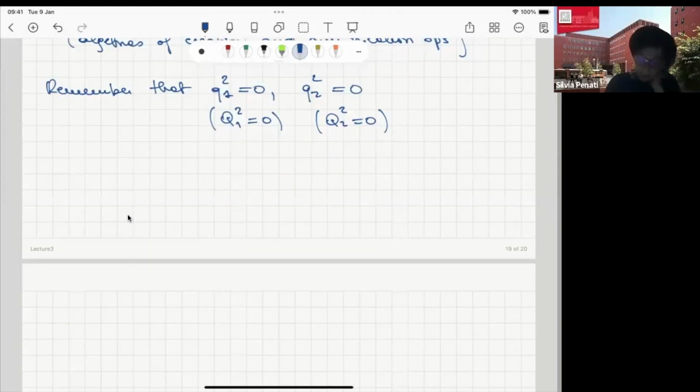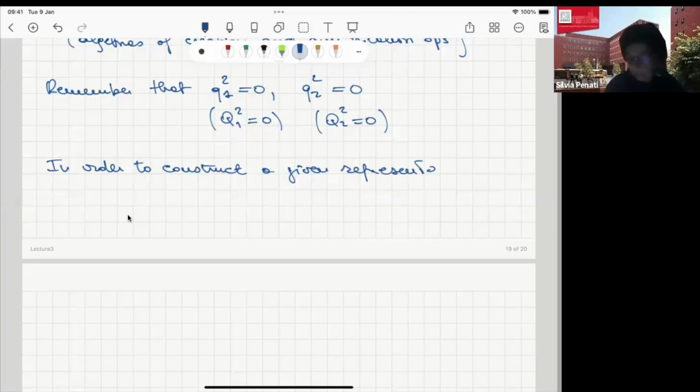First of all, in order to construct a given representation of these two algebras, which, as I said, are equivalent to the SUSY algebra, what I'm going to do is to construct representations of the supersymmetry algebra.